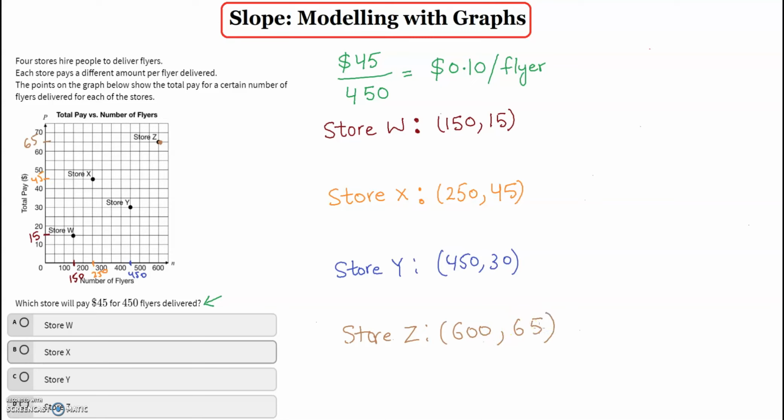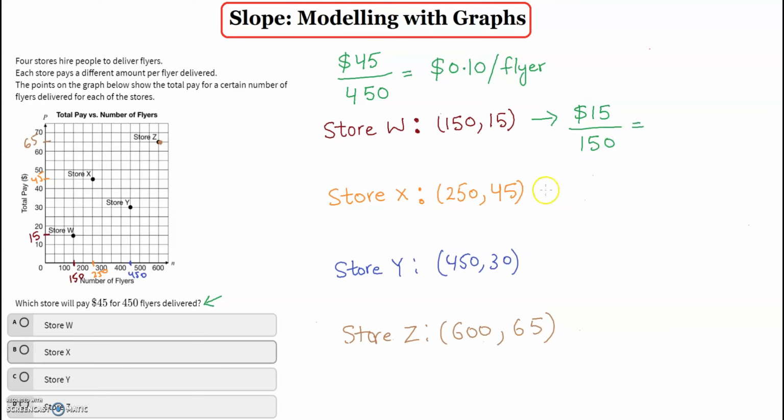So what I will do is I have the value of X and Y. I will find out from here. We know that the slope is rise over run. So rise was the delta Y, which is the vertical axis. In this case, it's the total pay. So I'm going to do the same thing. I will do $15 over 150 flyers.